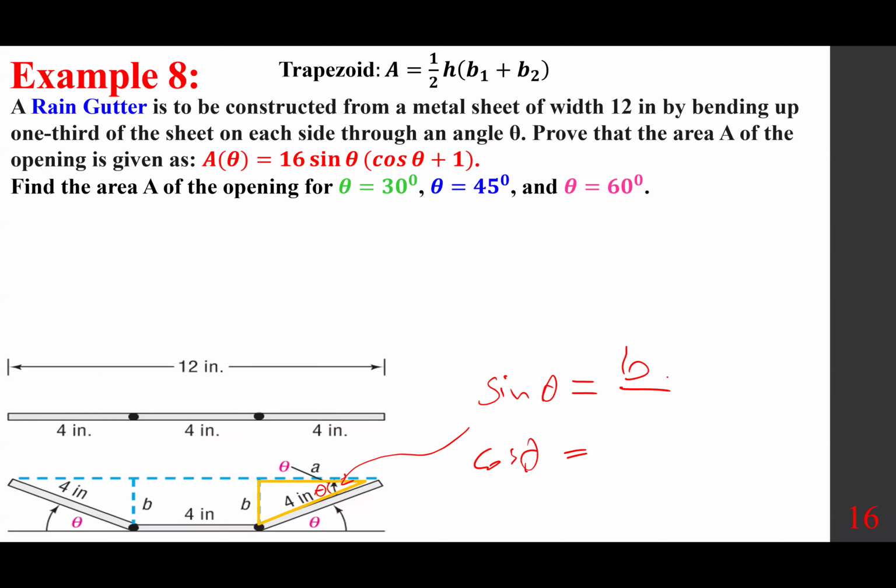B, they used B here instead of H, okay? The opposite, B over the hypotenuse. Please understand the hypotenuse is 4 inches, right? This is the hypotenuse, everybody, right? Cosine is the adjacent. We call this distance A.